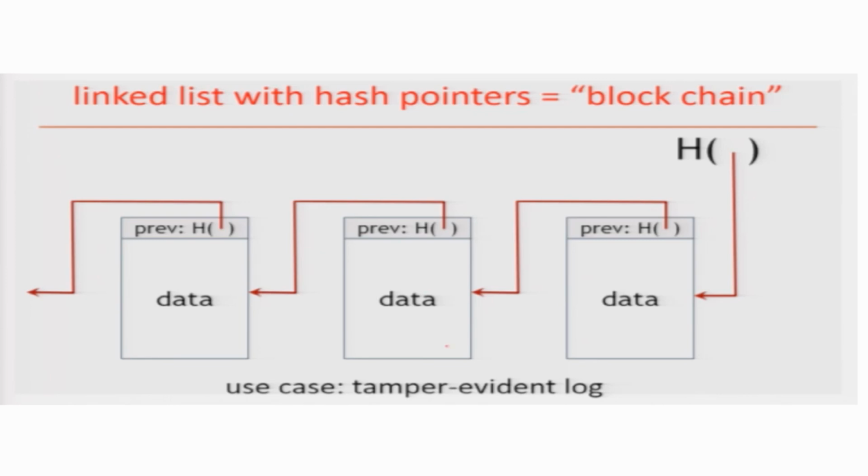Usually it is the temporally previous block, which means the block that was created before. When you create a new block, you compute the hash of the previous block and keep it inside your space. So, this block, when it was created, already knew what was created before it, and it keeps the hash of that here.